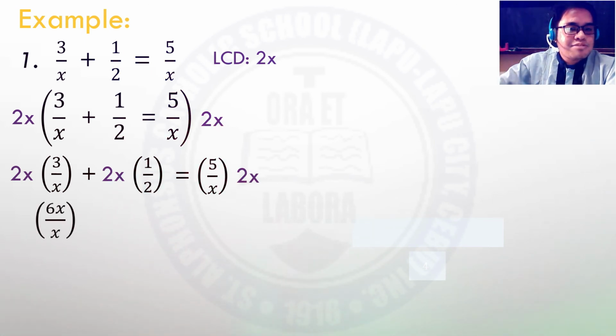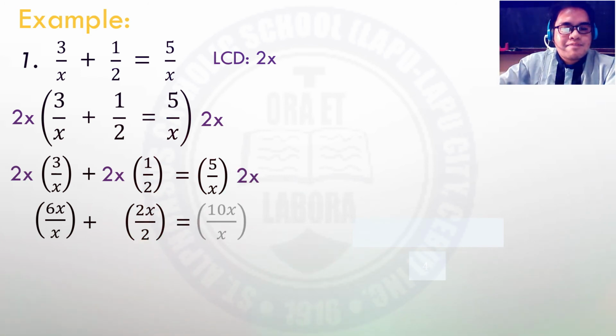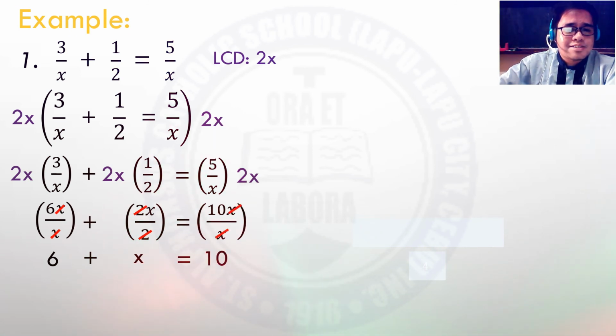So 2x times 3 is 6x over x, plus 2x times 1 is 2x over 2, equals 5 times 2x, which is 10x over x. Cancel them out: 6x over x is 6, 2x divided by 2 is x, and 10x divided by x is 10.